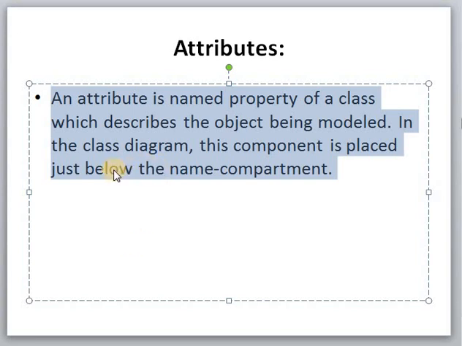The first compartment is basically the name of the class, and the second compartment of the rectangle is basically the attributes of that particular class.